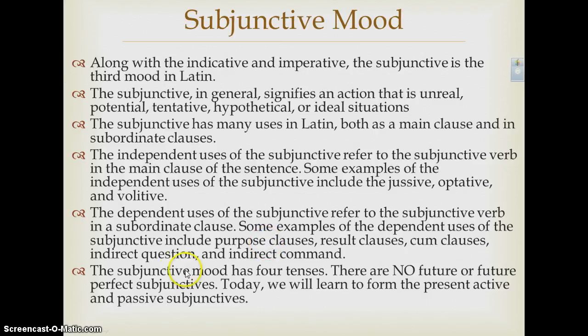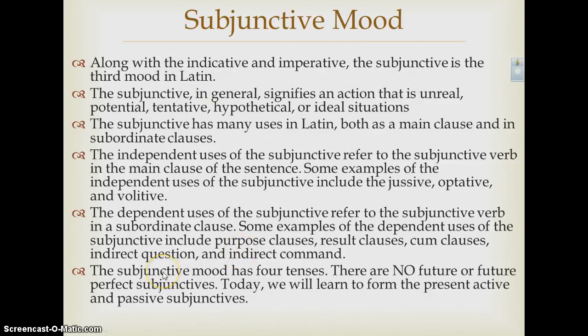Another thing you need to know about the subjunctive before we launch into how to form it is that the subjunctive mood only has 4 tenses. This isn't that weird, because the indicative mood has 6 tenses, but the imperative mood only has 1 tense, the present. The indicative has the present, imperfect, future, perfect, pluperfect, and future perfect.